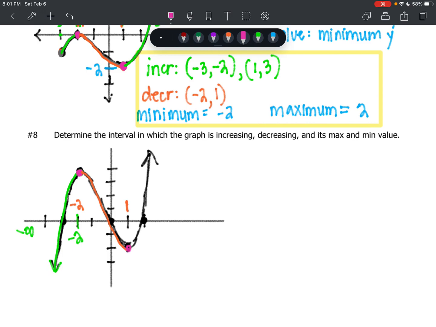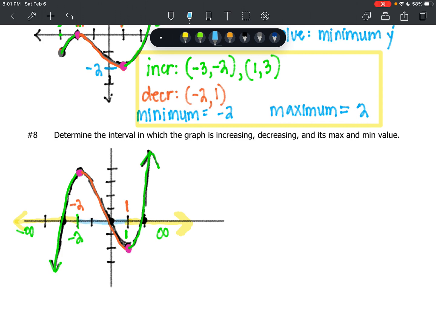And then it turns again. It's got that turning point. And it's going to increase. And then it just keeps increasing the further we go to the right. So it's going to increase from +1 to infinity. So in case you couldn't see that, from -infinity to -2, it's increasing. From 1 to infinity, it's increasing.